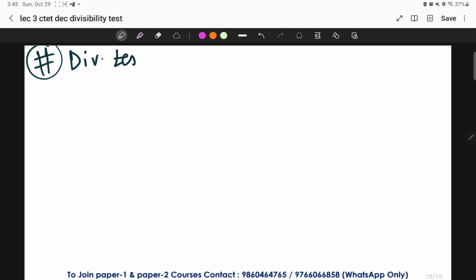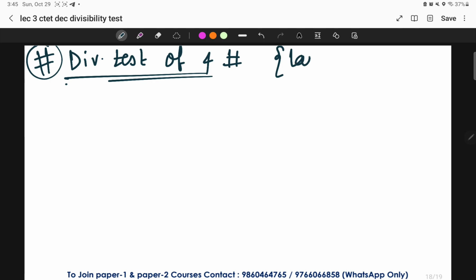Divisibility test of 4. We'll study it quickly and then solve questions based on this. When we talk about the divisibility test of 4, students, we have to check the last 2 digits. In case of the divisibility rule of 2, we checked the last 1 digit.